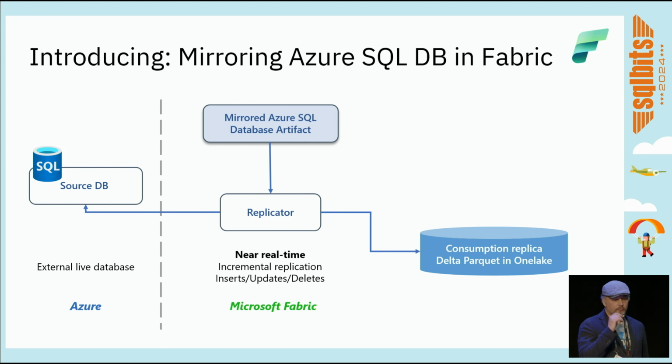Basically, for SQL database, not for SQL Managed Instance at this moment, there is a possibility of using a live database and a live extraction, or I will use a dangerous word, replication, or maybe a CDC kind of operation, but on steroids, upgraded, including awesome stuff that CDC does not do, to replicate data to some internal staging point where the replicator service, which is not exposed to you, will take this data and convert it into the Parquet consumable format.